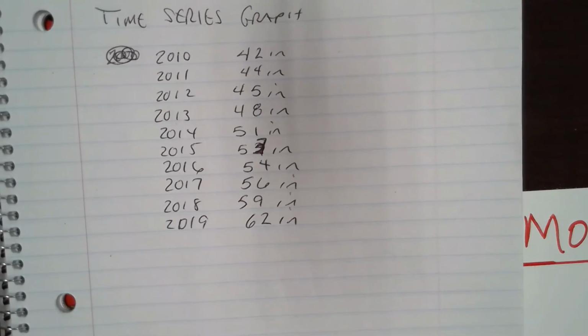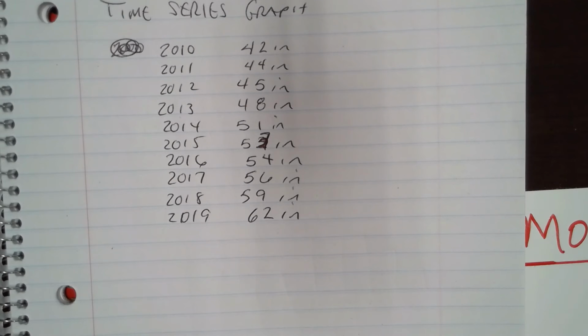All right. The last thing we're going to look at is what we call a time series plot, or a time series graph. And again, it's very similar to a line graph, very similar to a frequency polygon, but my x coordinates are all going to be times, right?